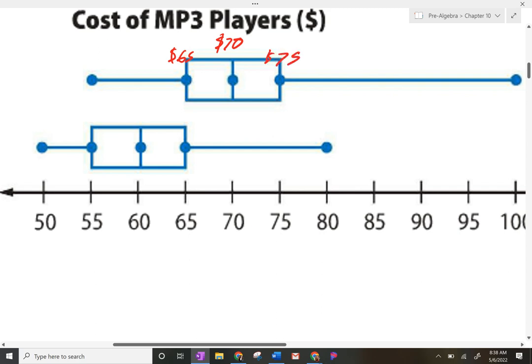The lowest price is going to be $55, and the most expensive MP3 player is going to be $100. Okay, that's that top one. Because I've got this interquartile range, that's where the majority of prices are all going to be at.